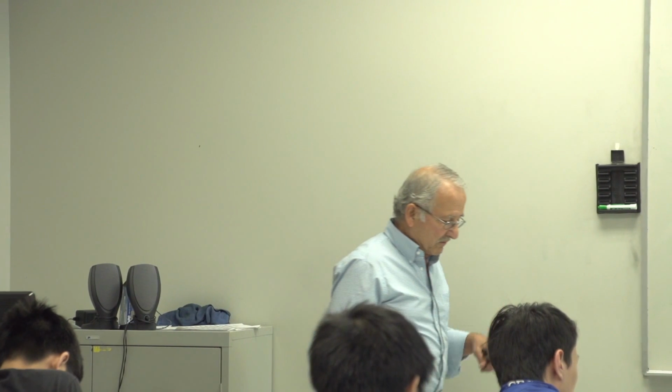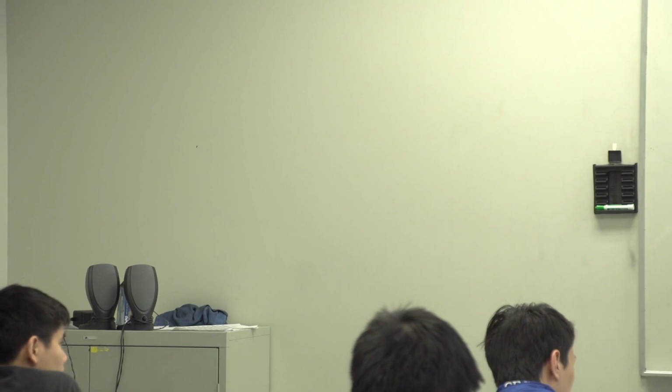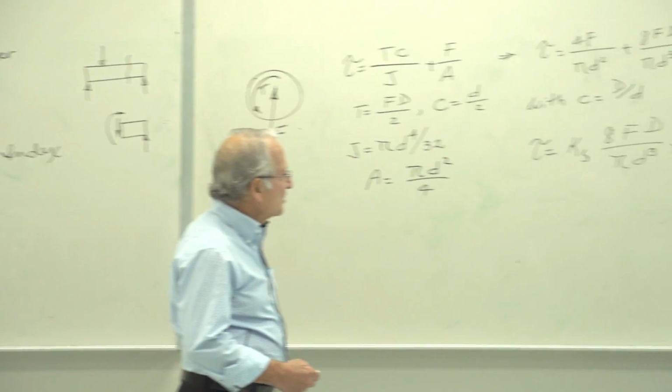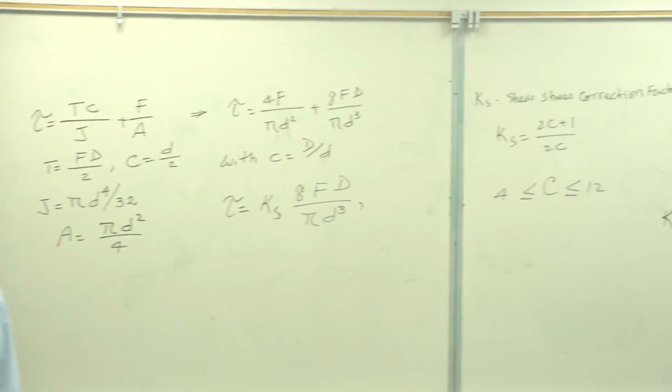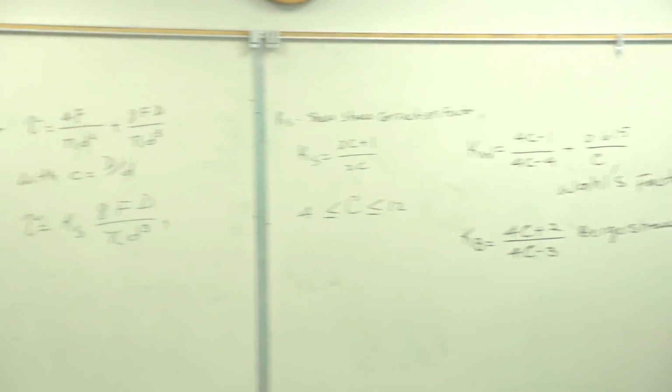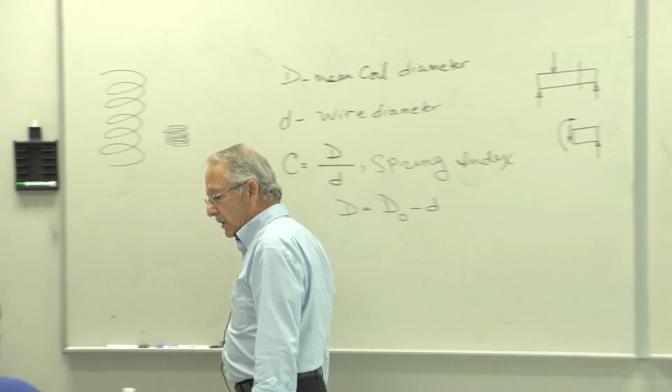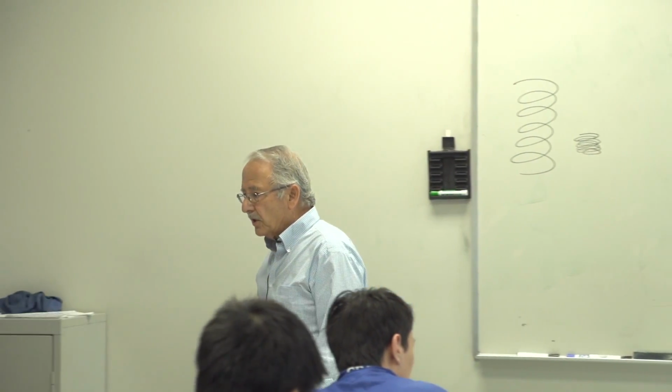And I believe we have a copy in the library. It's an old book, but it's a very good book. You may even nowadays find it on the web as well. But these are the factors that we're going to be using. My suggestion to you is to use this factor because it's easier, that's all. Other than that, you're free to use either Kw or Kb, whichever you like, makes no difference. Any questions?